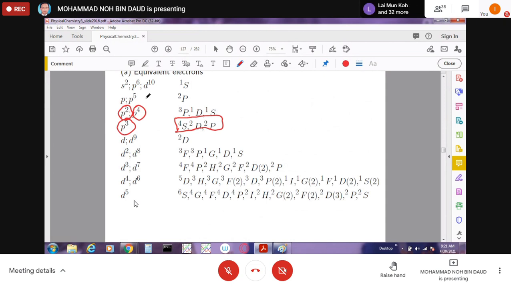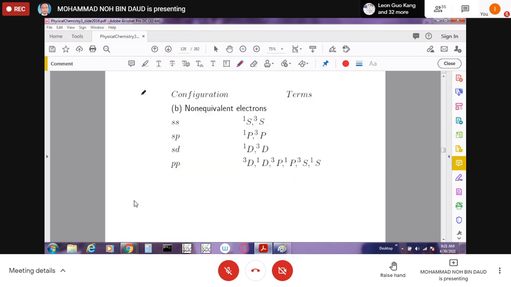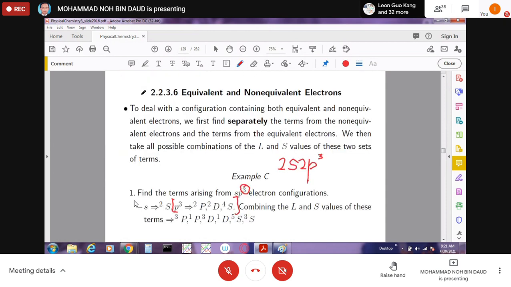For S1, there is only 1 electron here. You can get this doublet: 2 times half plus 1, you get a doublet S. So now from here you can figure out the L is 1. The S is half. This one, the S is half.